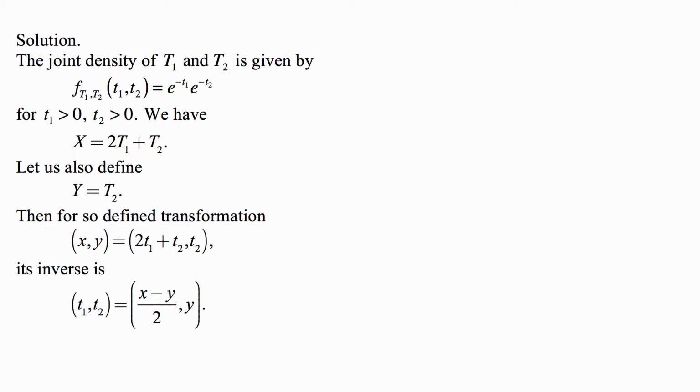So the problem tells us X is equal to 2T1 plus T2, and I'm going to say Y equals T2. Then, if you solve, we basically have a bivariate transformation X, Y equals 2T1 plus T2 and T2. So we need to solve this for T1 and for T2. Well, T2 is of course equal to Y. And then how do you find T1? Well, you can see that it's equal to (X minus Y) divided by 2.